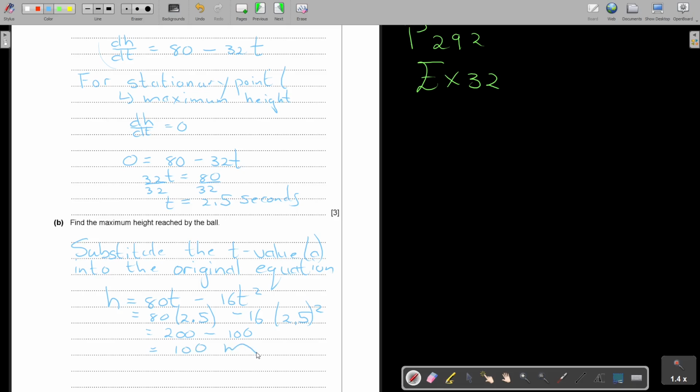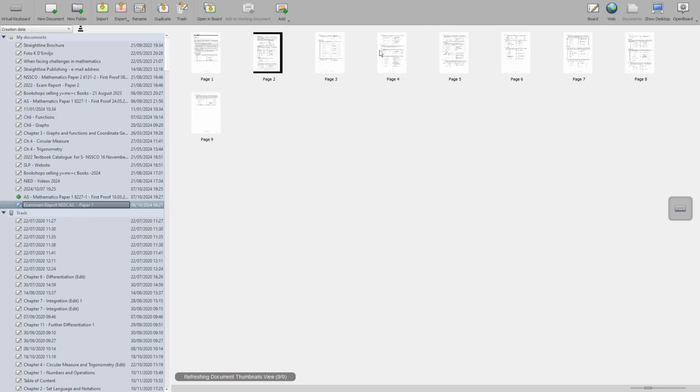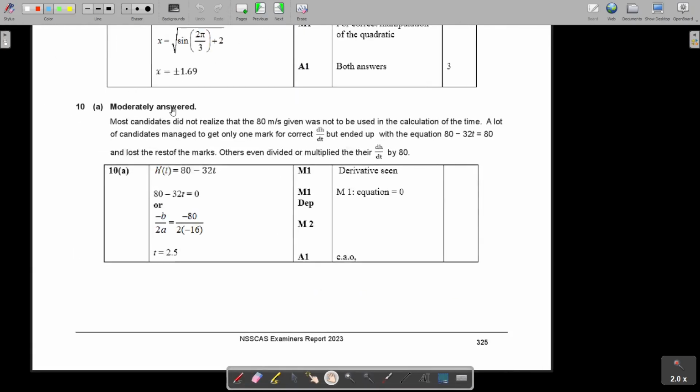Okay, let's go to the report and see what they did in the report, or where they gave you the marks. I actually already know where they gave you the marks. I could have already shown it to you, but we will go back. Question number 10 was moderately answered.